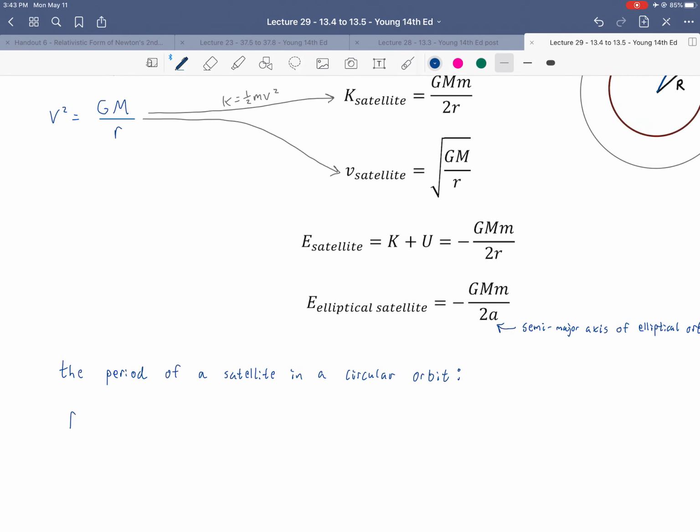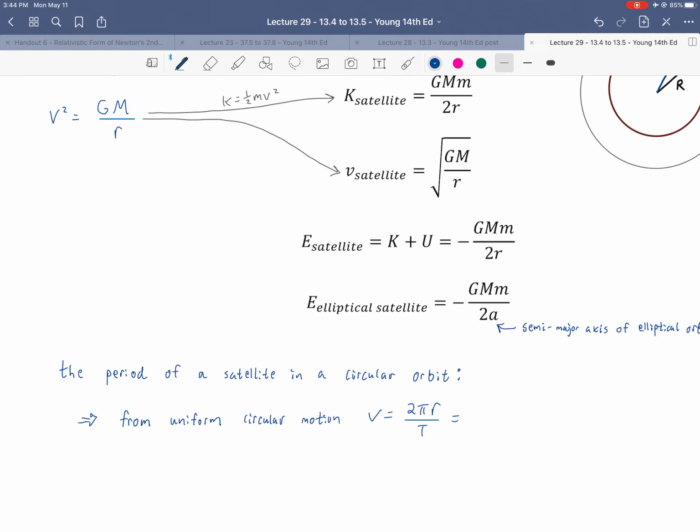So from uniform circular motion, we have that v is 2 pi r, that's the radius of the orbit, not the radius of the world, divided by T. So it's distance over time.